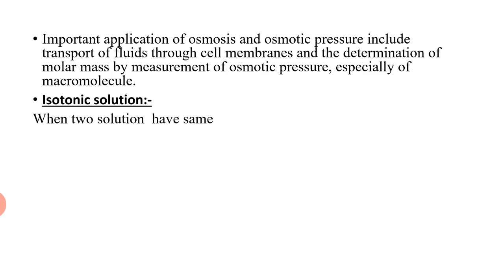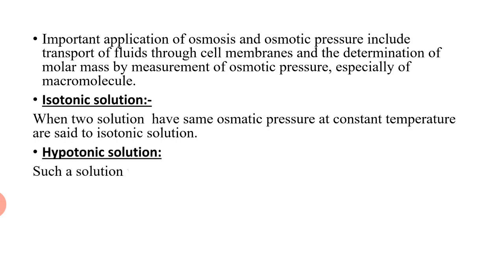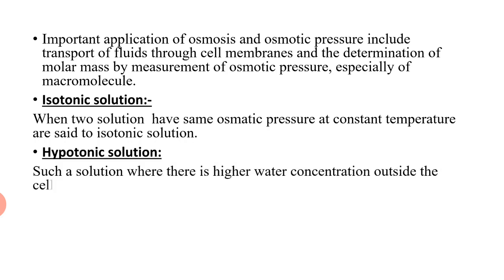When two solutions have the same osmotic pressure at a constant temperature, they are said to be isotonic solutions. Next, hypotonic solution. Such a solution where there is a higher water concentration outside the cell is called a hypotonic solution.